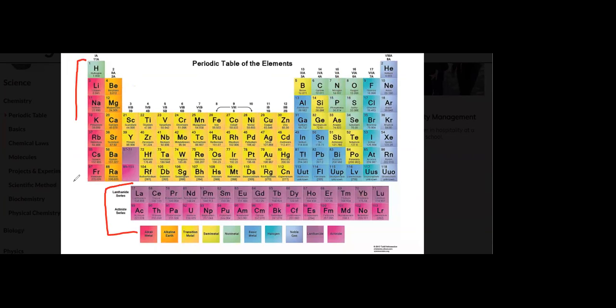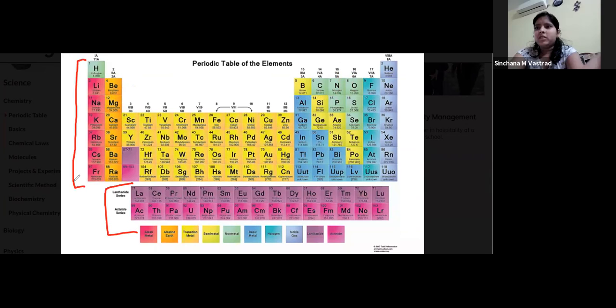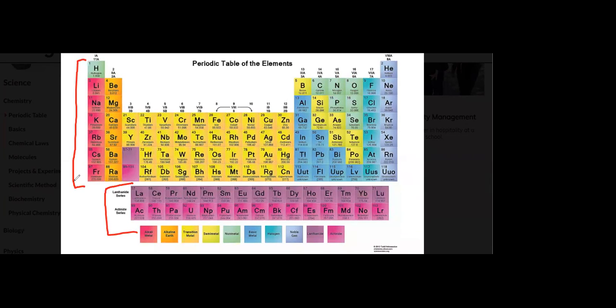So 7. And how many columns? Sir, 18. Right, 18 columns. So let us try to understand this periodic table in today's class.